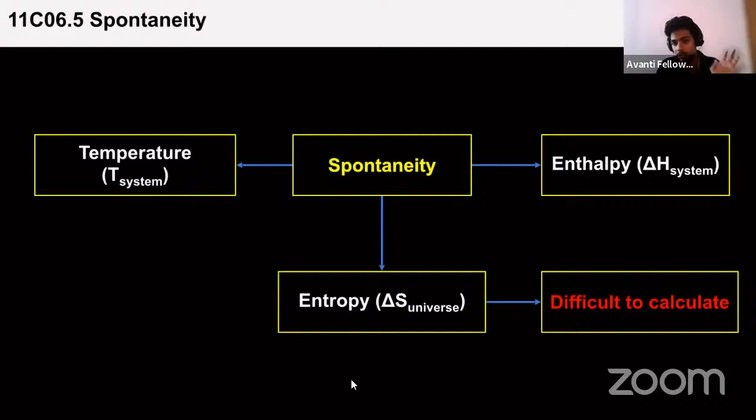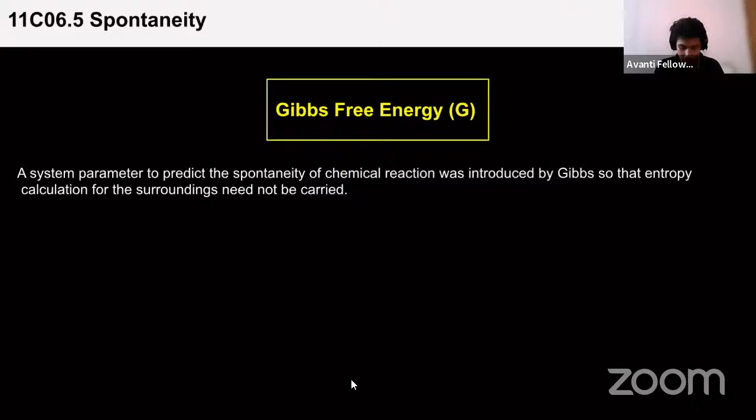So we use delta S system itself, the entropy change of the system, and see how to calculate it indirectly to get our entropy change in the universe. That is our Gibbs free energy. A system parameter to predict the spontaneity of a chemical reaction was introduced by Gibbs.